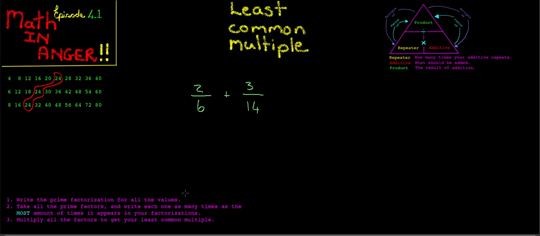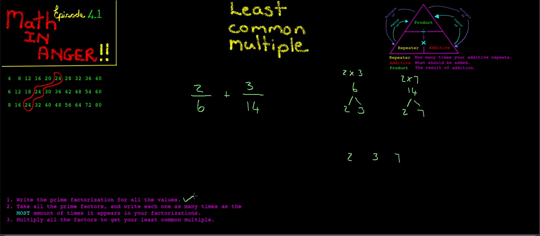Right, the first thing we do is our prime factorization. For 6, that is 2 and 3. Our prime factorization for 14 is 2 and 7. Right? So now we write our prime factors. It's 2, 3, and 7.